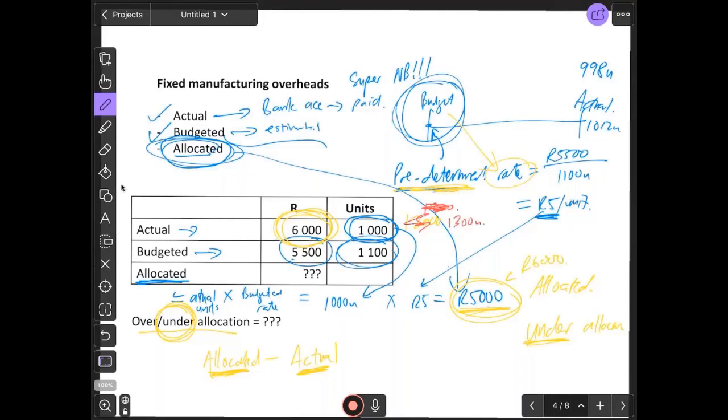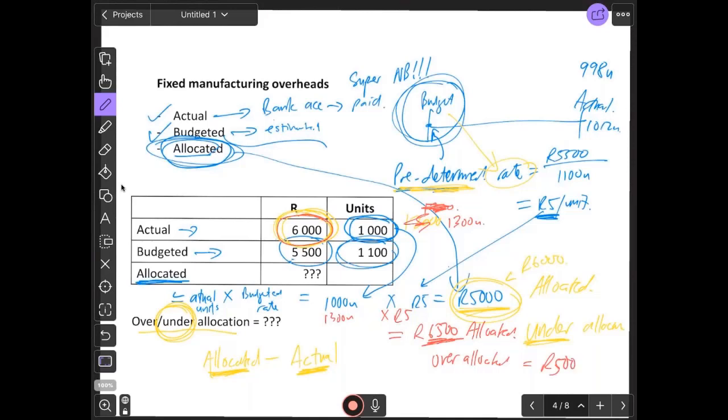So this is our actual then, 1,300 units times the predetermined rate of 5 Rand. And that will give us, if I'm correct, I'm going to do this in my head, 6,500 Rand allocated. Remember, this is allocated. Is this over allocated or under allocated? Well, it's more than our actual. So this is over allocated, and it's by 500 Rand.